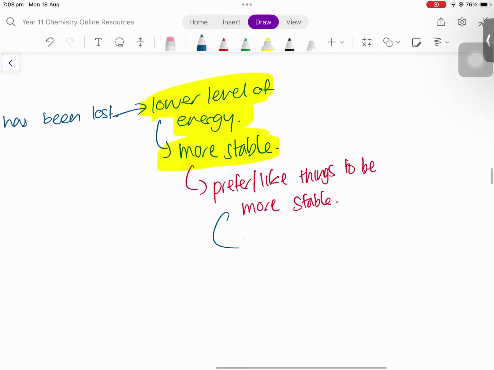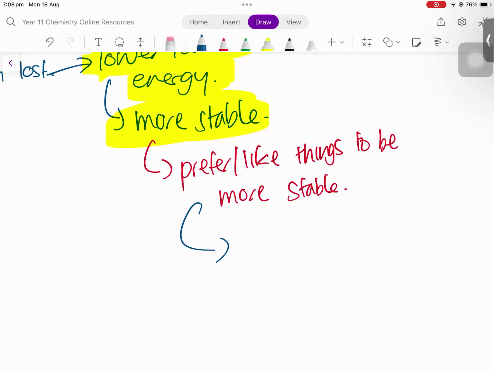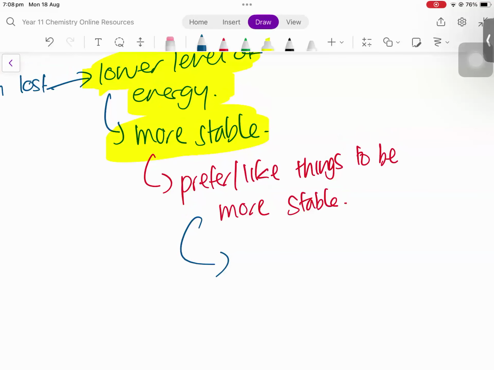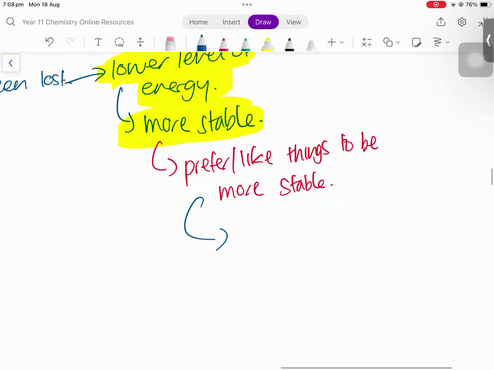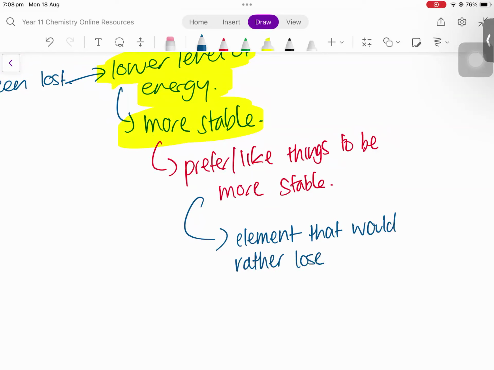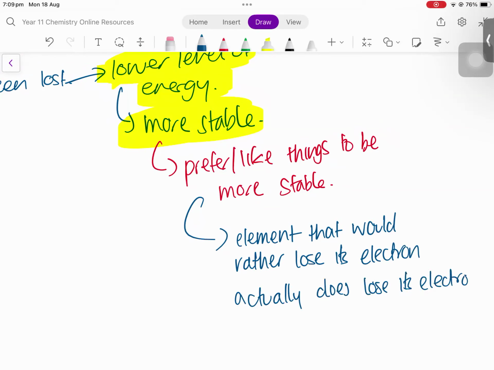So now applying the analogy to a chemistry context, whichever reaction is more stable has to be the one where the element that would rather lose its electron actually does lose its electron.